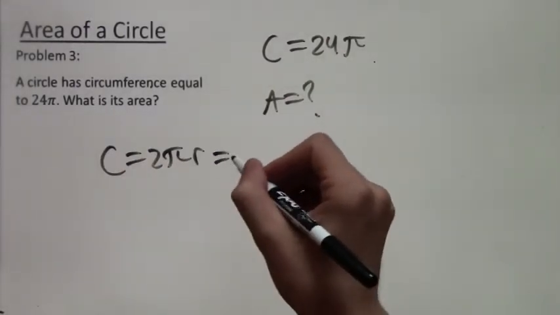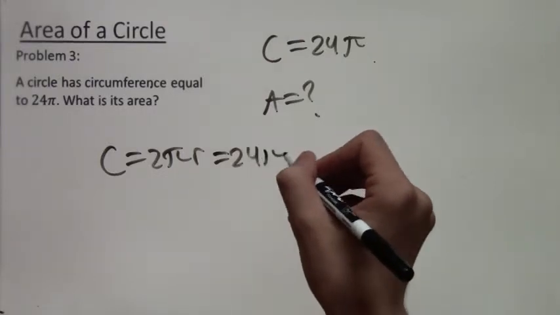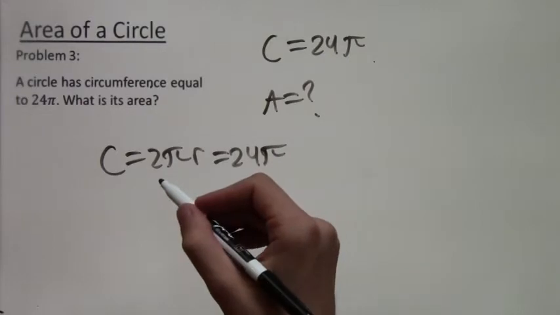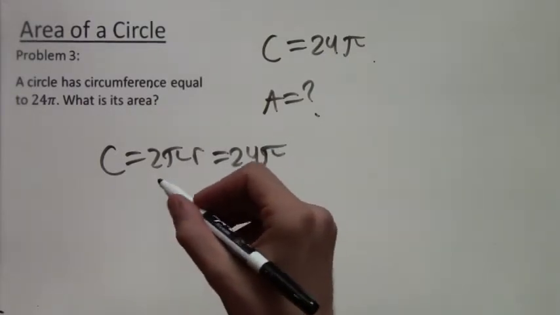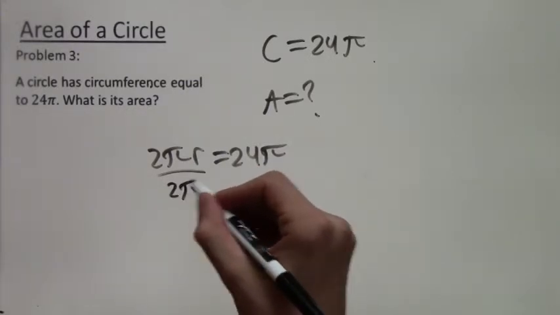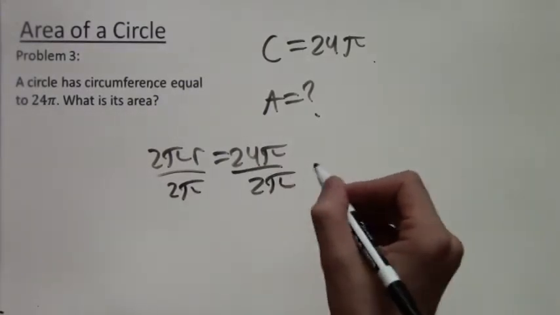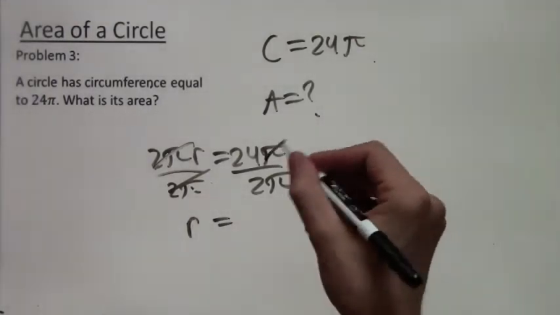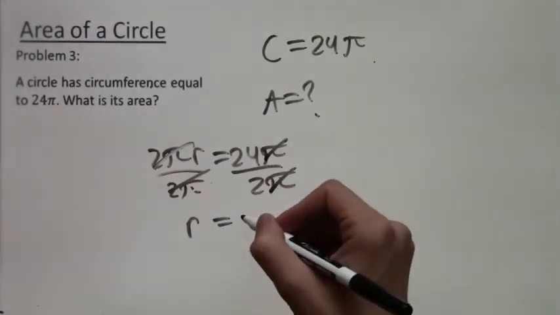The circumference is equal to 2 pi times the radius, which we know, because it's given to us, is equal to 24 pi. So we can solve for the radius by dividing by 2 pi on both sides. And this simplifies when we get r equals, the pi's cancel, 24 over 2 is 12.